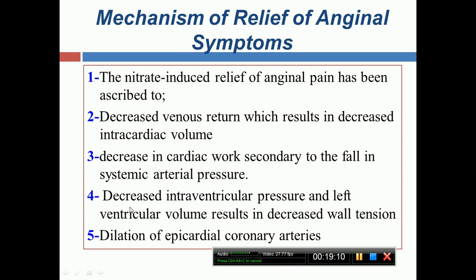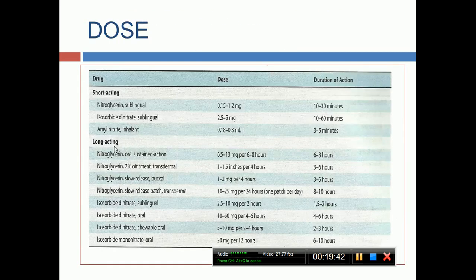If the vessels are relaxed, the heart has to push less blood. Decreased intraventricular pressure and left ventricular volume results in decreased wall tension. Because there is less blood in the heart, the left ventricle will have to pump a lesser amount of blood, which will decrease the wall tension. Number three, dilation of epicardial coronary arteries, which will increase the blood supply.